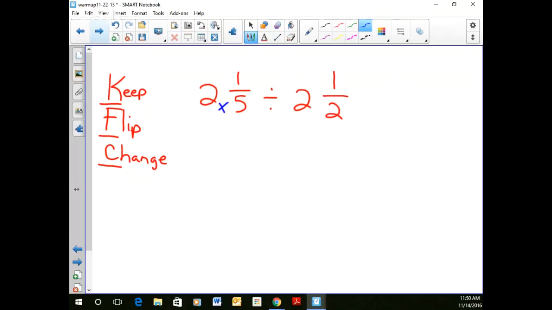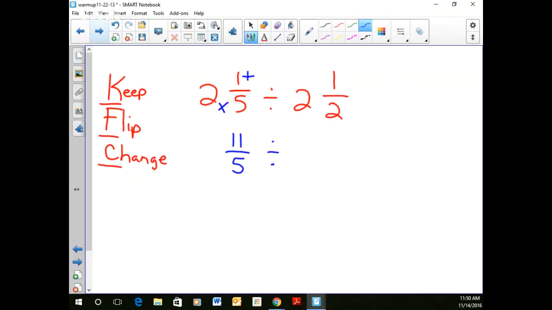Then we will add the numerator of 1. And that will give us a new fraction, or improper fraction, of 11/5. Again, multiply the whole number 2 times the denominator 5, get 10, then add the numerator to get 11. Okay, and that will give us 11/5.